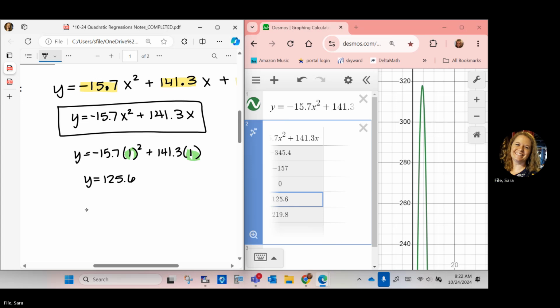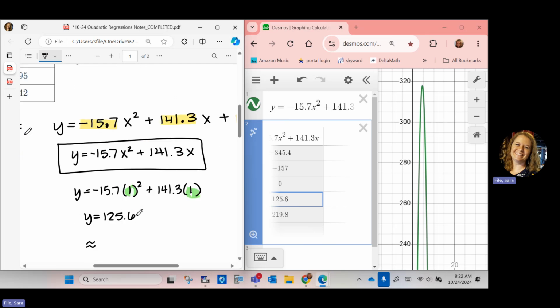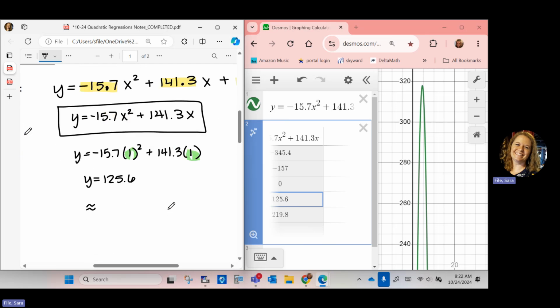It said find the height to the nearest foot. Okay, so this is measured in feet. They don't want 0.6. They want the nearest whole number. So what is this going to round to? 126 feet.